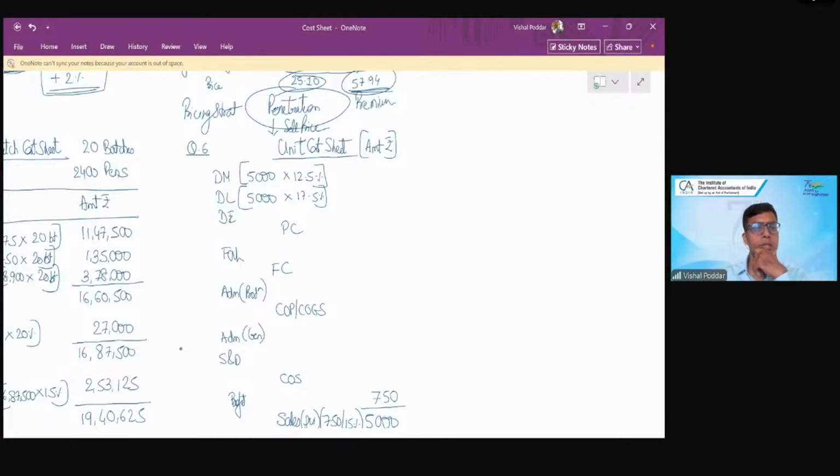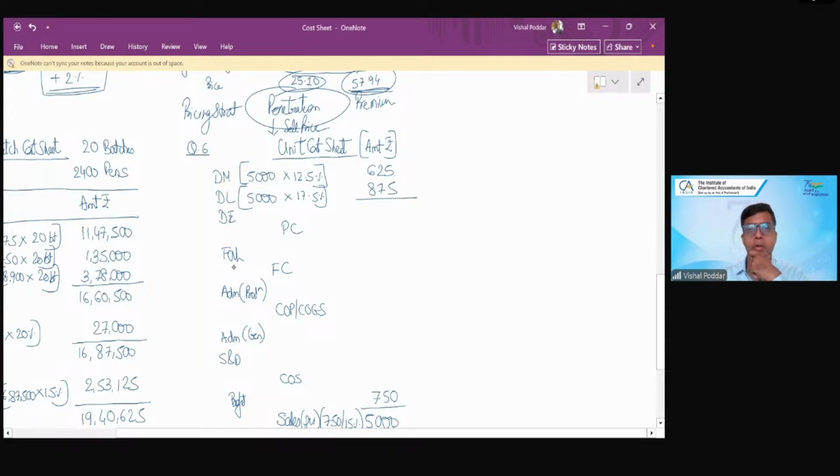Okay, Shefimol says direct material is 625. Yes, we can now find out all these values. How much would be direct labor? Apurva says 875. 875. Okay.